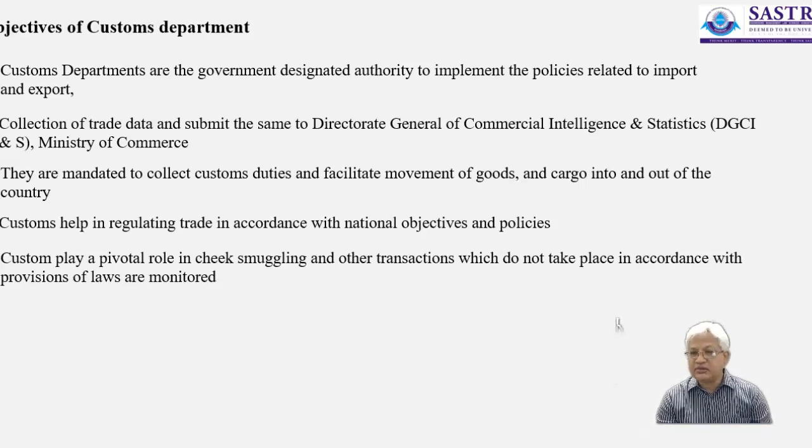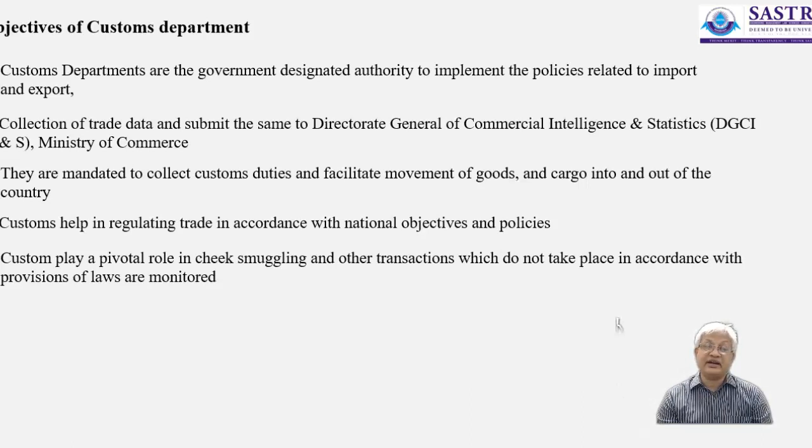In fact, in the previous session, I have shown you the total export and import with America and UAE and Saudi Arabia, Iraq, etc. So, this data comes from Ministry of Commerce. And who gets those data? The Directorate of Commercial Intelligence and Statistics, which is again provided by the customs personnel.